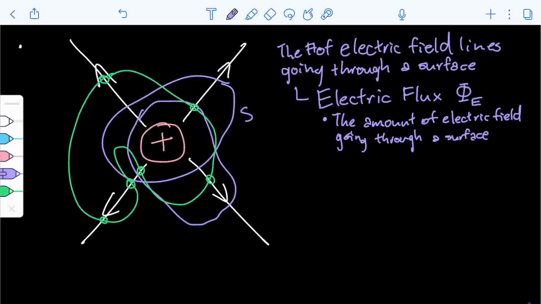It's just very dependent on how we actually decide to draw it. Okay, so the mathematical definition of electric flux is the surface integral of the electric field dot n hat, the unit normal vector of every single piece of area.